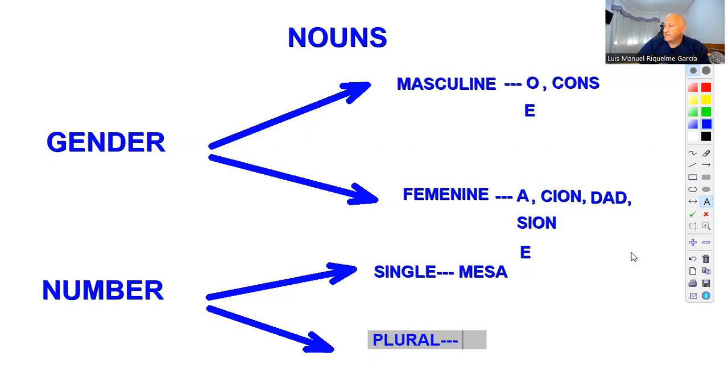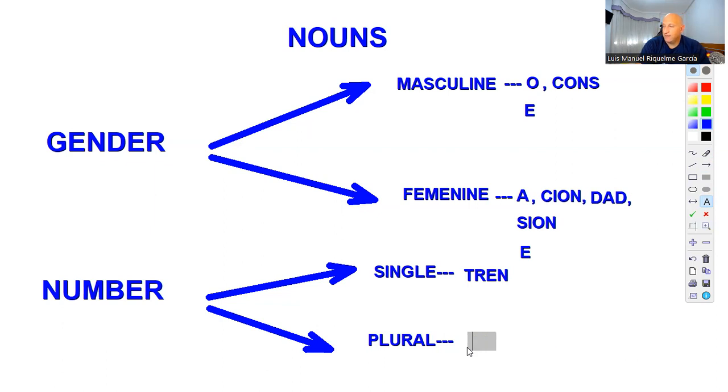What if I use a different word? For example, a word ending with a consonant. For example, tren, train. Do I still add an S? Trens? I'm afraid not. I have to add an ES.